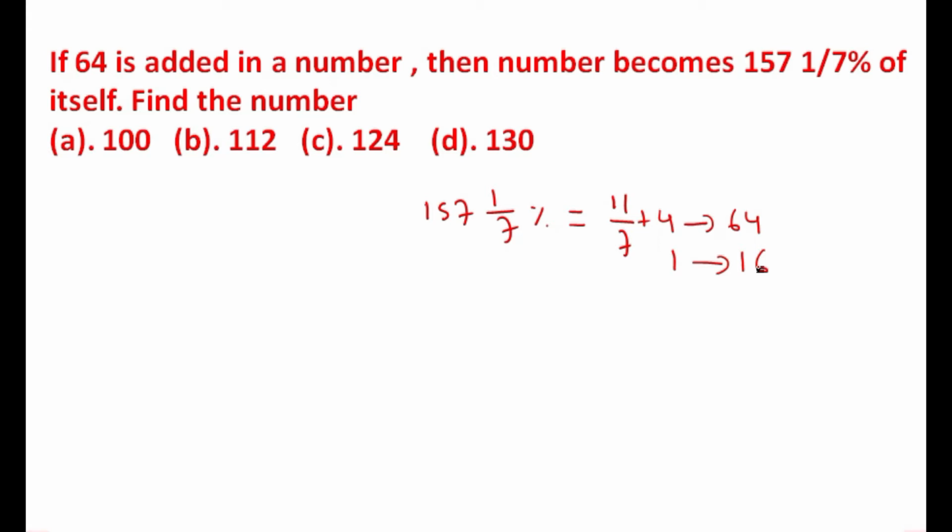Then what is it asking? Find the number. It is asking the value of 7 because this is our original value. So if 1 represents 16, then what is the value of 7? It is 16 into 7, which means the answer will be 112. So where is 112? B. So B is the right answer of this question.